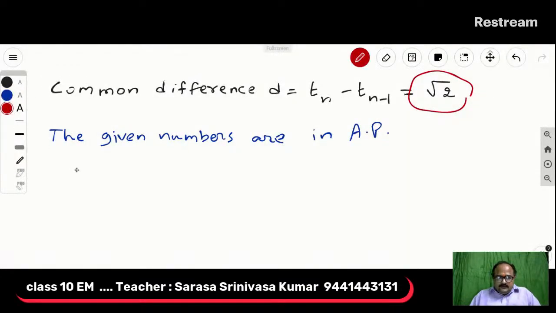So I write Tn, that is nth term, equal to Tn, that is equal to a plus n minus 1 into d.